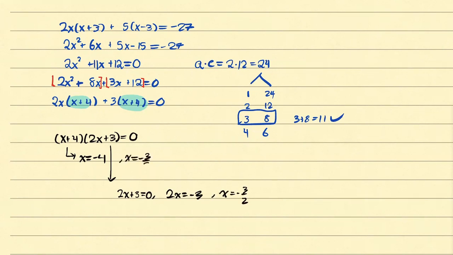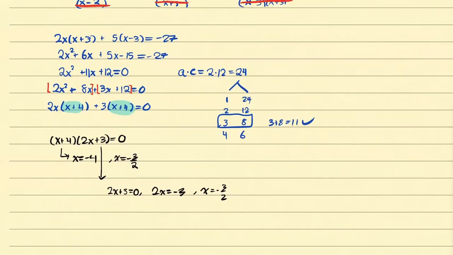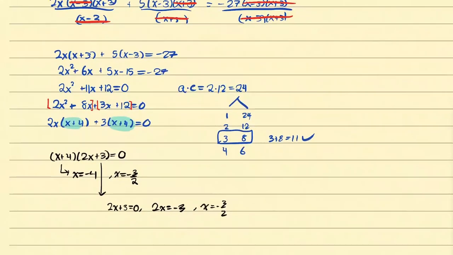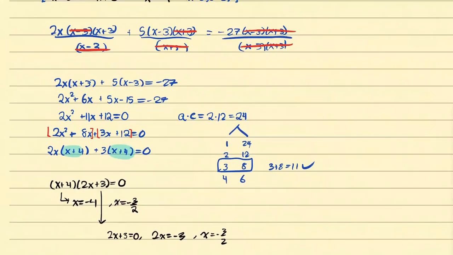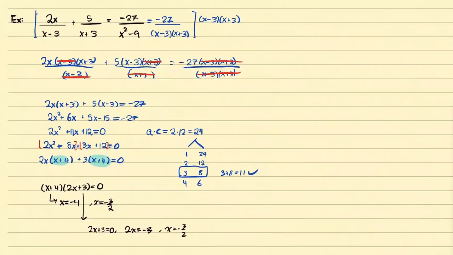We did forget to do one thing though. We needed to see what the restrictions are, because we potentially can arrive at a solution that isn't valid and would result in division by 0 at some point. So let's see if I can zoom out instead. In this factorized form, what are the two exclusions we need in this equation?